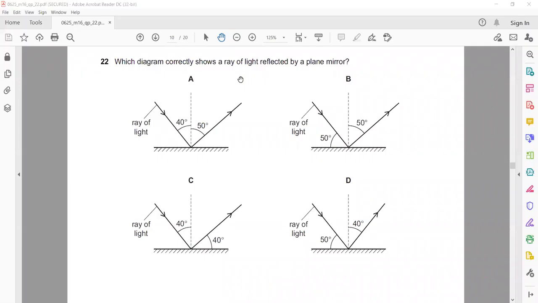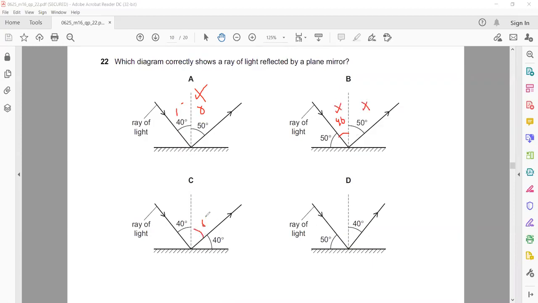So for reflection to occur, the angle of incidence must equal the angle of reflection. But in this figure, they are totally different. If the angle between the surface and the incident ray is 50, the angle between the incident ray and the normal will be 40. So again, you can see they are not the same.